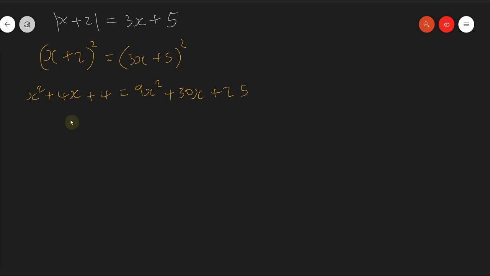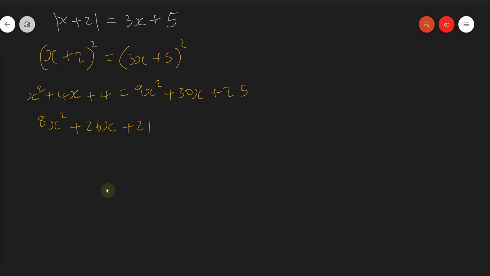Good. Now we set everything equal to 0. So we just bring everything on one side. That is, therefore we would have 8x squared, if we bring the left side over to the right side, we have 8x squared plus 26x plus 21.